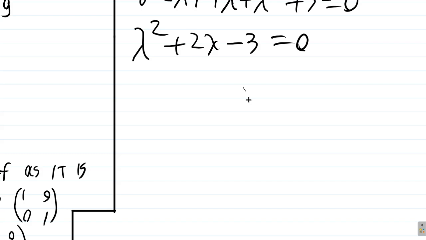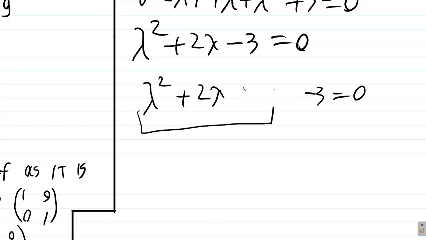You could also use completing the square. That would be interesting. It's nice to practice completing the square, you know. Let's try that. You have lambda squared plus 2 lambda, leave a little space, minus 3 equals 0. You want to make this a perfect square.